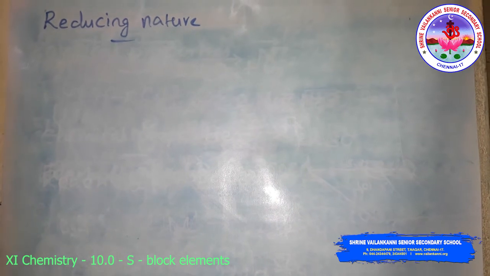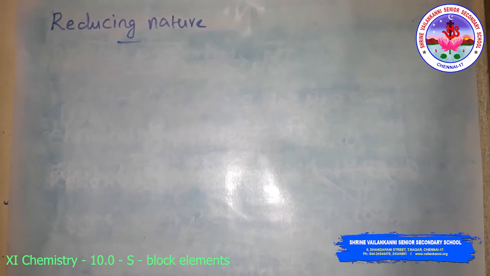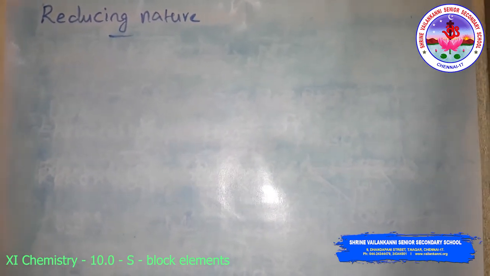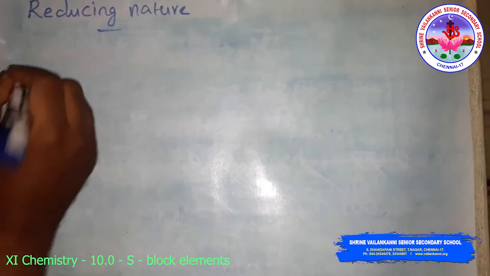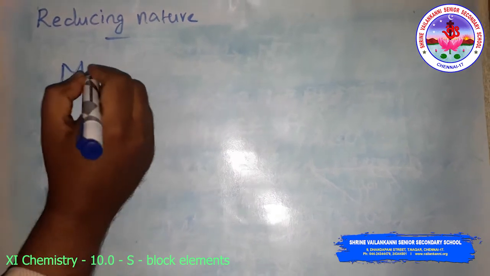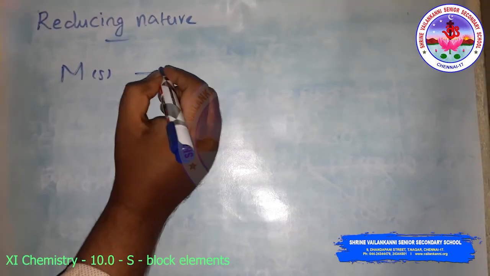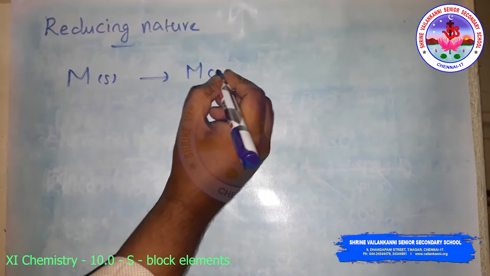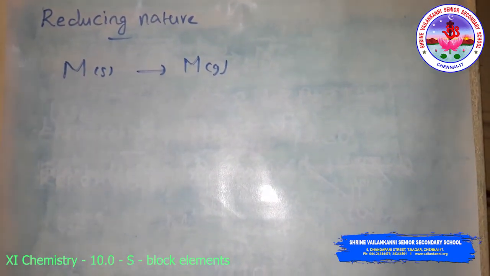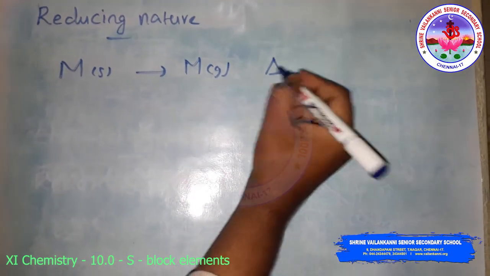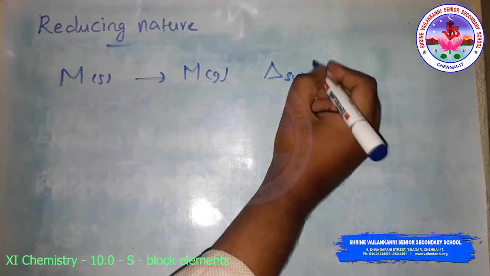The standard electrode potential, the E naught value, measures the reducing power and represents the overall change. For example, metal solid gives metal gas. This is called sublimation enthalpy.